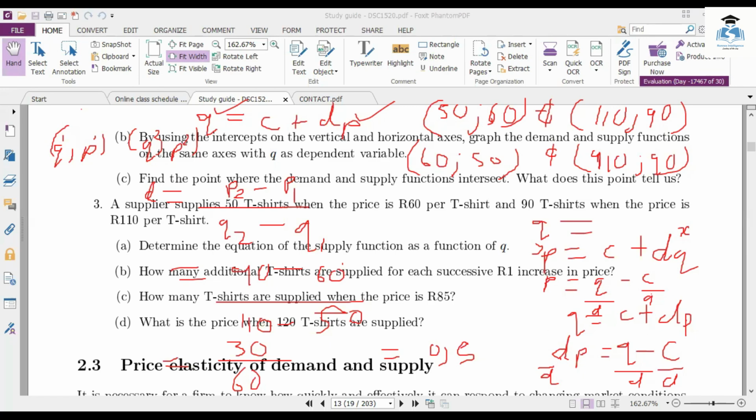So P will be equal to Q minus C all over D.